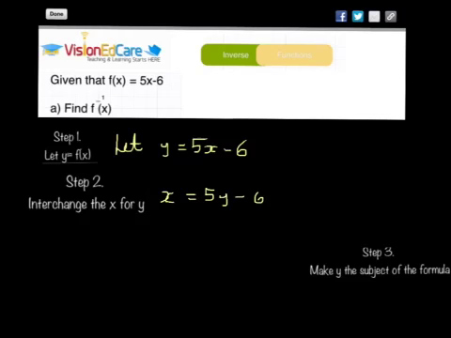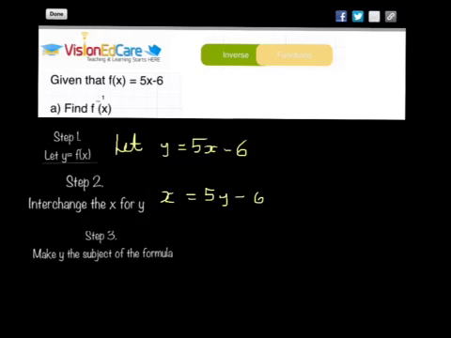The next step is to make y the subject of the formula. So how do we make y the subject of the formula? Well, we need to get the y term on one side of the equation. So how do we do that?